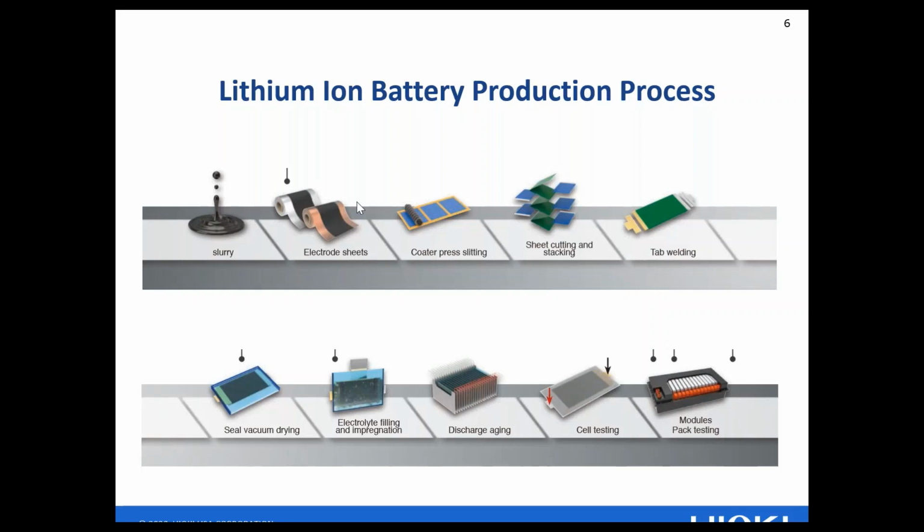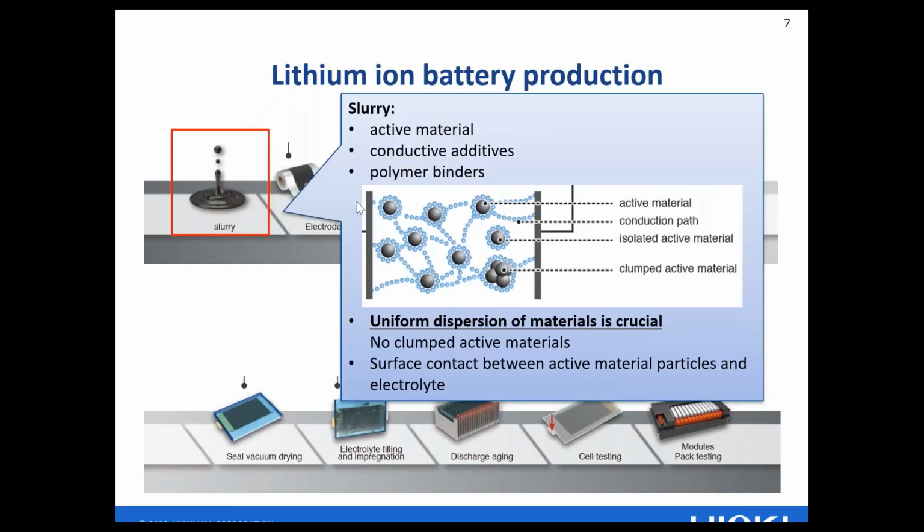Looking at the slurry, the base material of the lithium-ion batteries, there are mainly three components in there. One is active material, that's the lithium, then conductive additives, and polymer binders that make up the slurry. It's some gooey mass, and that's where the magic is.